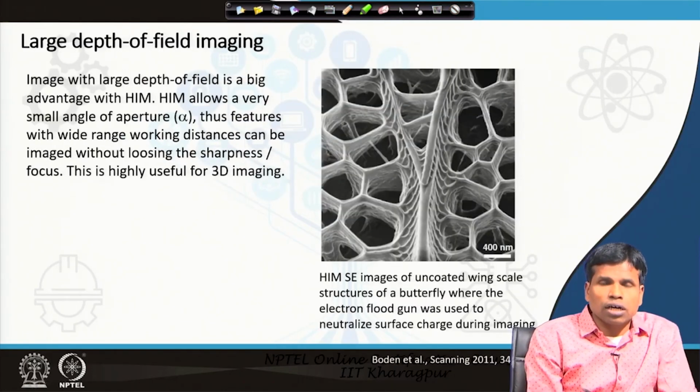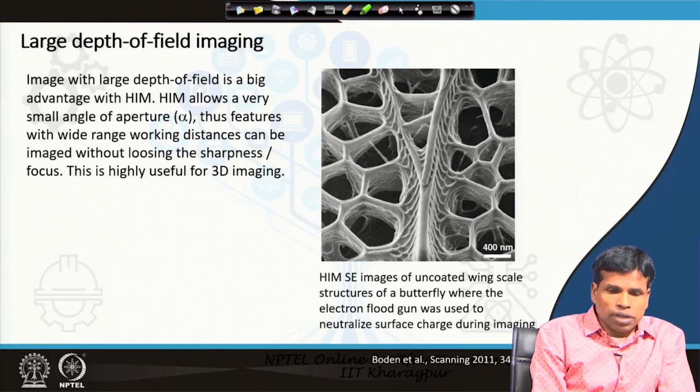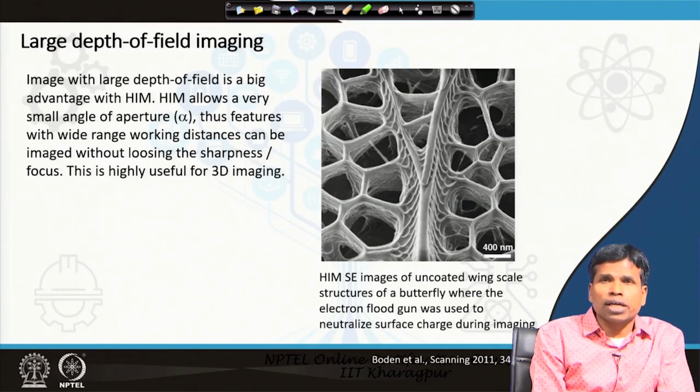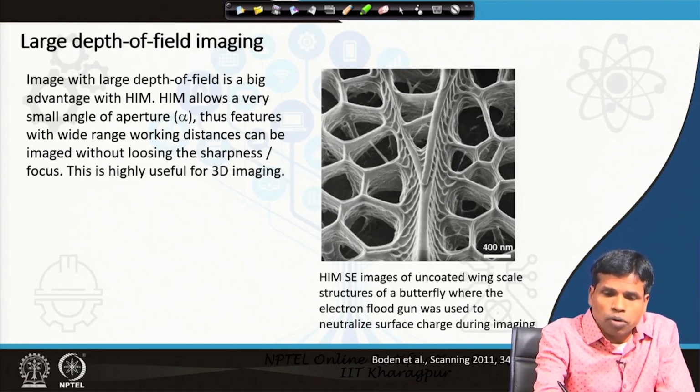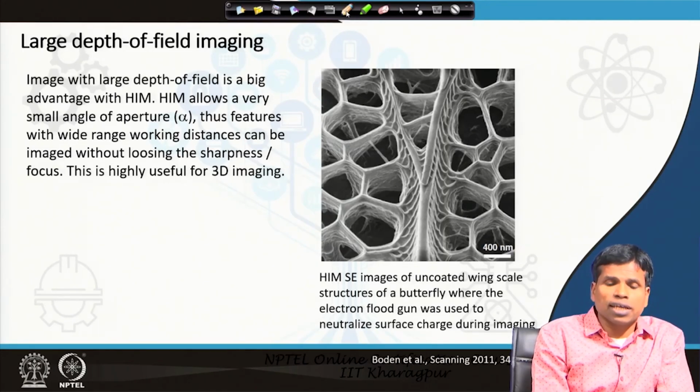So, here you see a large depth of field imaging. Image with a large depth of field is an advantage with the helium ion microscope. A large depth of field can be achieved if we can use a small angle of aperture, that is alpha, which needs to be very small. But in a scanning electron microscope, we cannot make this alpha very small.